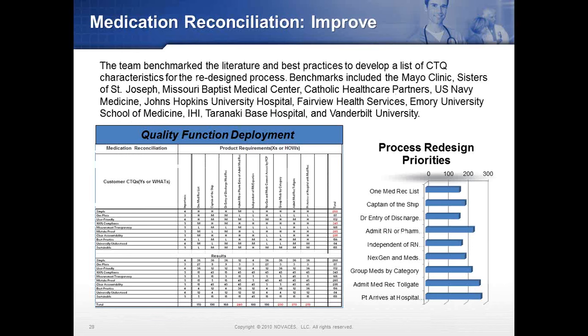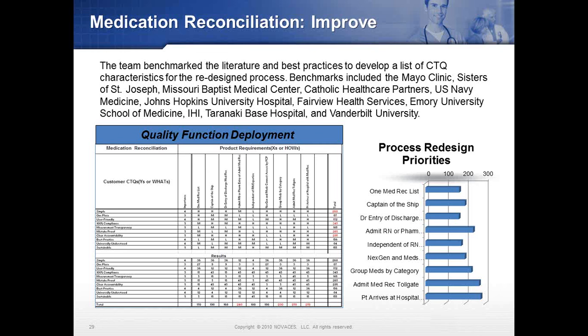One of the things we did to figure out what was the most important improvement is called a quality function deployment. This is a classic Lean Six Sigma tool, and we did some benchmarks at some of the folks that you see there, but our process redesign priorities were based on our statistical analysis and our benchmarks, and they're there in that Pareto diagram on the right.